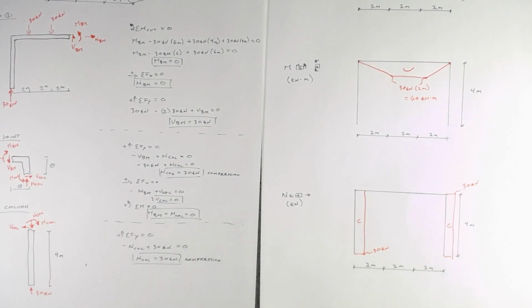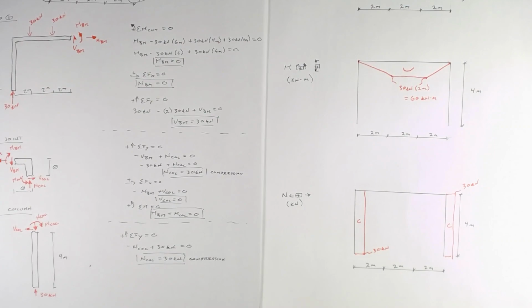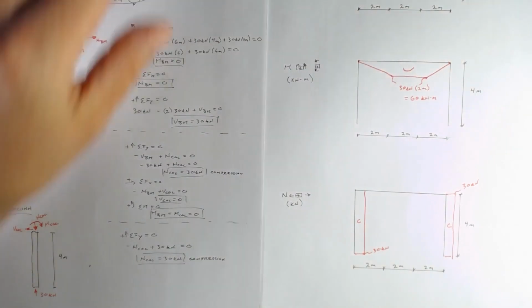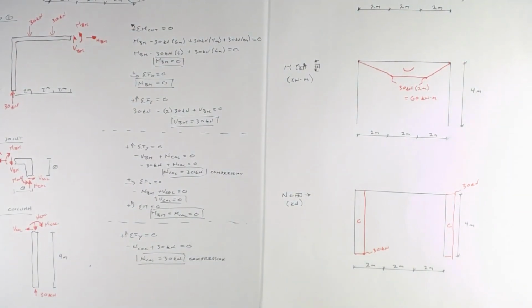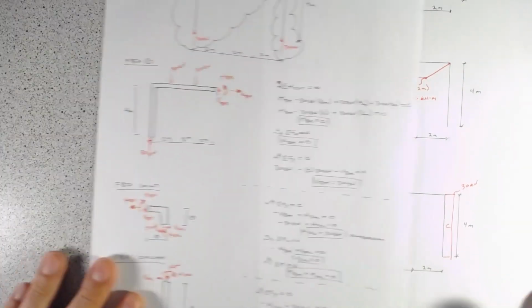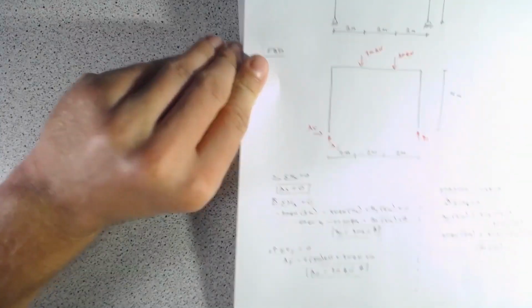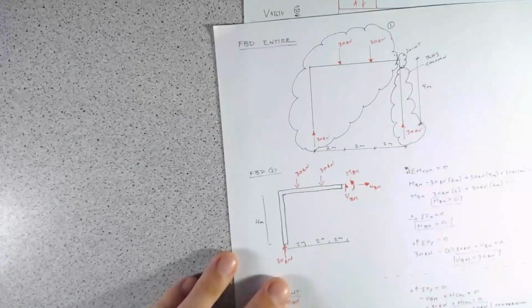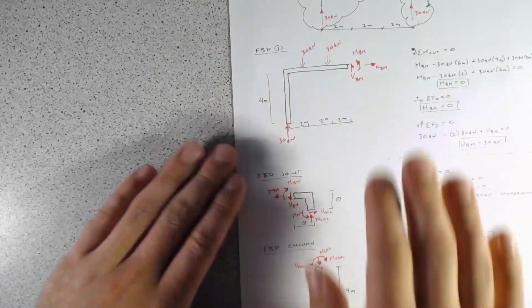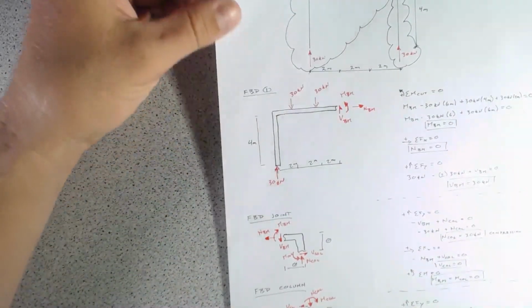So that's a brief overview of how to analyze these systems, when we're looking at a frame, something just slightly more complicated than we have before. Again, the rules for how we approach this are quite straightforward and simple. First thing we do, find our reactions. Then we take some free body diagrams and find our internal actions, our internal forces and moments.